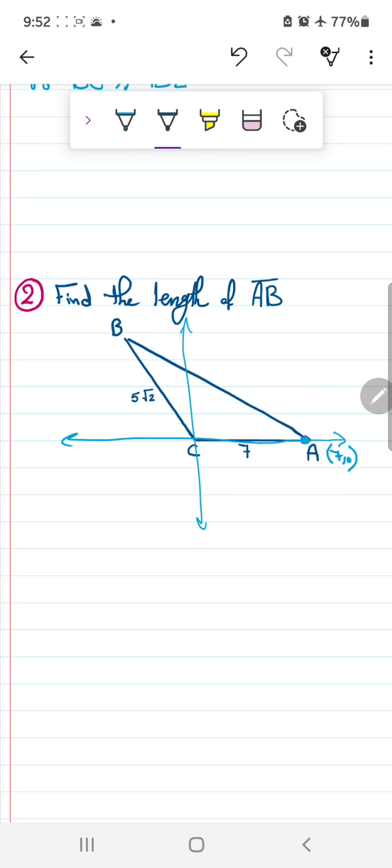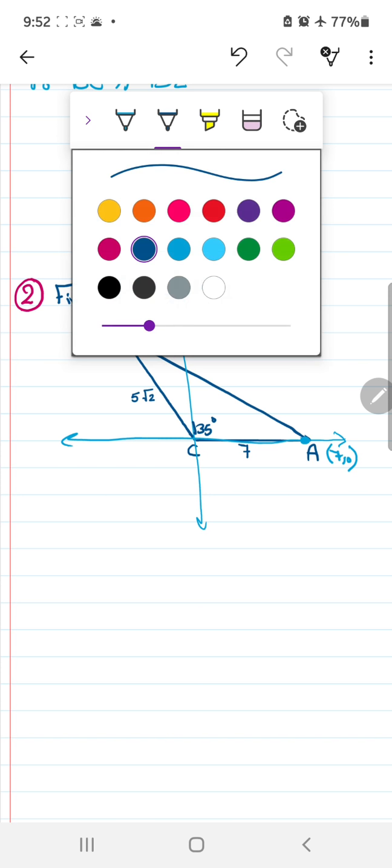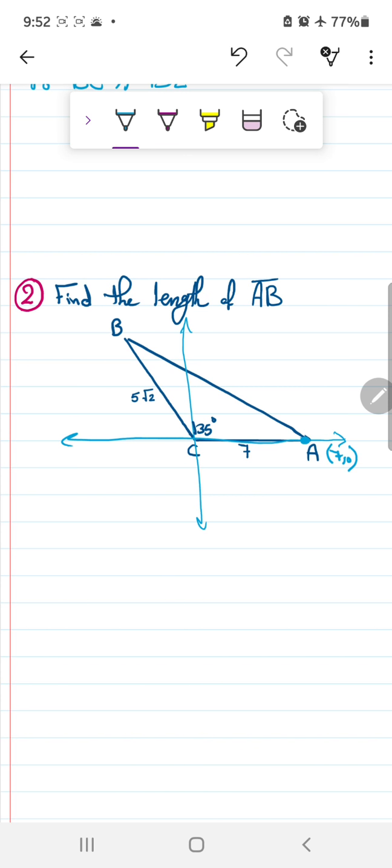Okay, 7 and 0. Here B. We have here a given angle, the measure of C is 135. What about B? We have B in the polar form. Here we have the magnitude 5 root 2 and the angle which it makes with the positive direction of the x-axis is 135. So in the polar form, B will be 5 root 2 and 135. How to convert it to Cartesian coordinates?